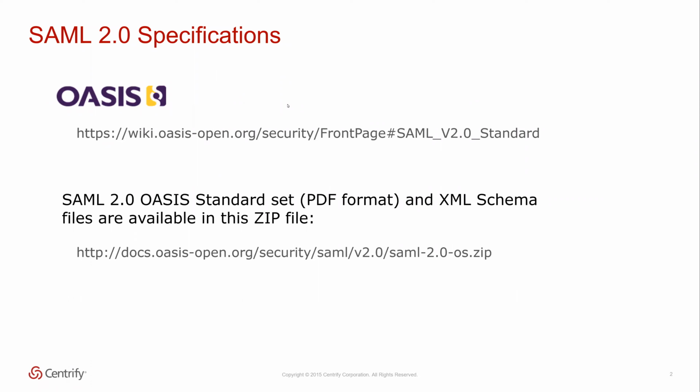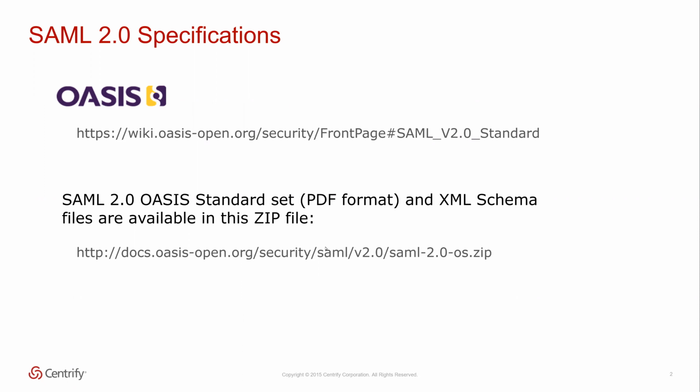SAML specifications. Long story short, what I'm going to cover is really just what SAML itself is, and all the pieces, the things you could look up online. It all goes back to the original SAML specifications, which I'm showing you the link to here.